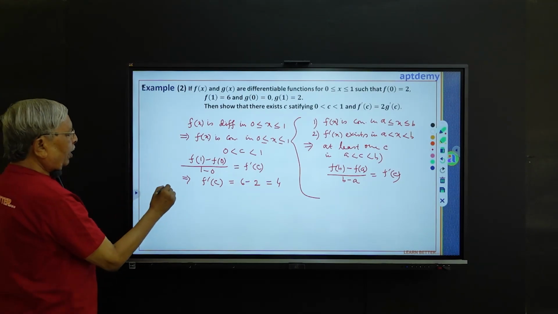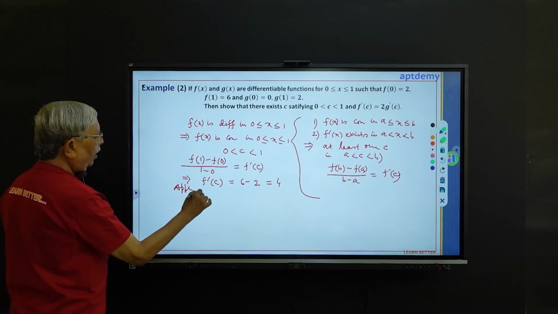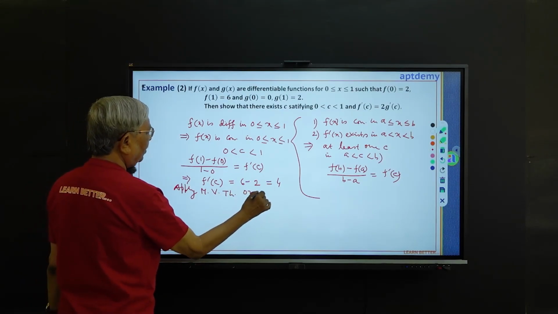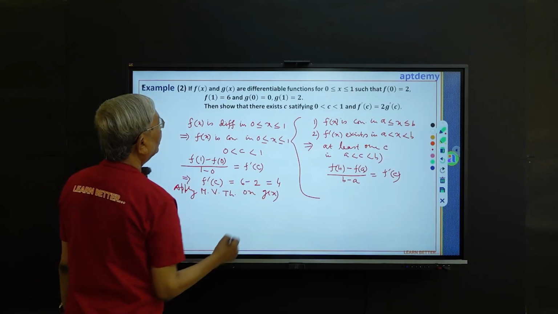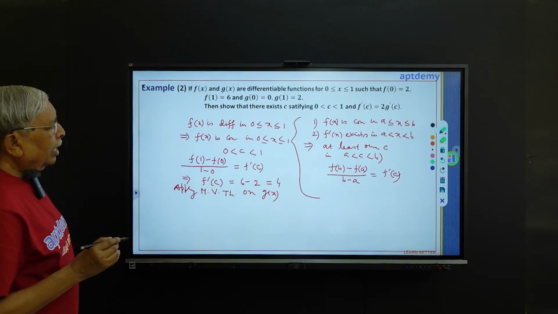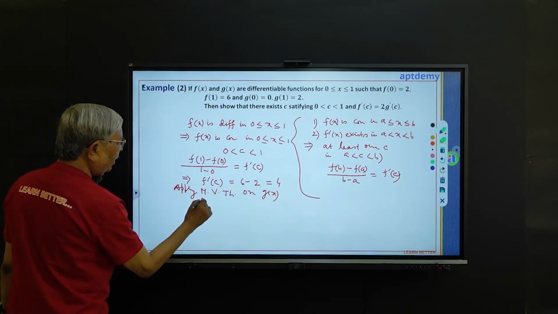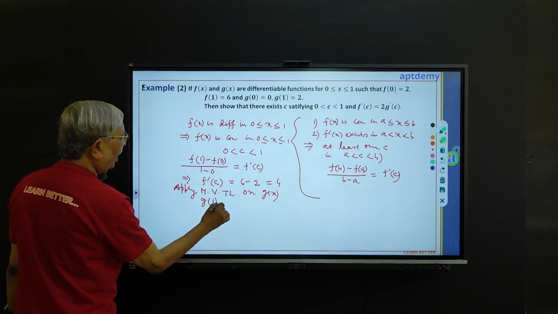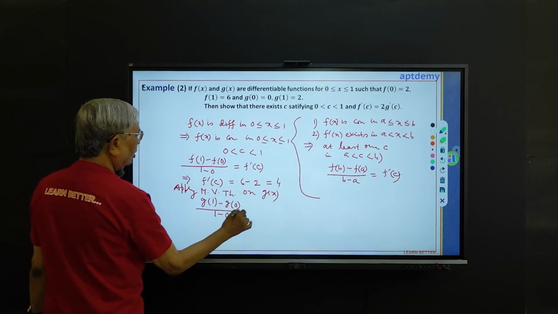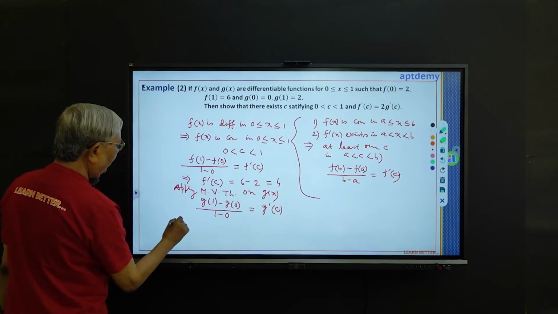Similarly, you apply the mean value theorem on the function g(x). You are given g(x) is differentiable and so it is continuous. What do you get? g(1) minus g(0) by 1 minus 0 must be equal to g dash c.